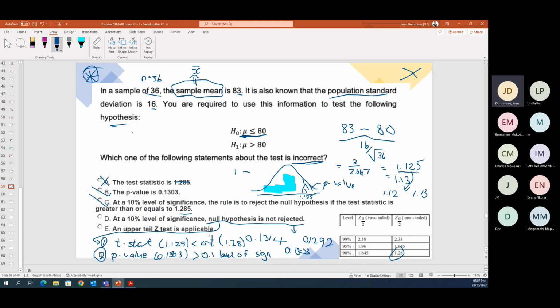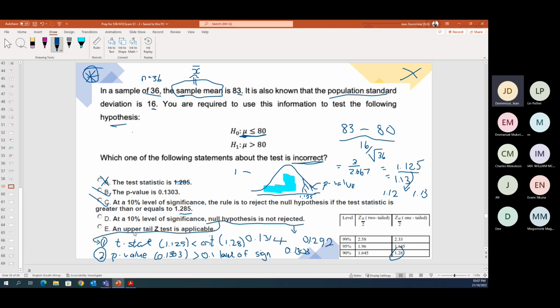I haven't seen it in a question yet, but they might only give you options around p-value and level of significance, and not show any t-stat or critical value, so you nearly need to know that there is another way to identify if you will reject or not reject the null hypothesis.